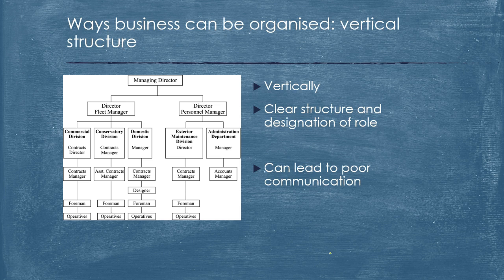Usually, this is what we call a hierarchy. So it's almost like a pyramid, a bit like the army, or like a school or a college, where you have someone at the top, like a principal, and then you have people going underneath it. So at the bottom, you have students, and you have each layer. It is a clear structure, and it does designate roles and keep things quite open.